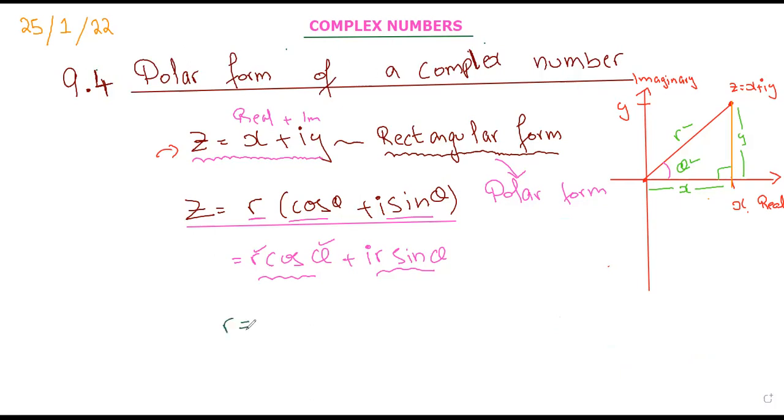R would be, use Pythagoras theorem. R is the hypotenuse. But you don't know the values of y and x, right? So I want you to tell me in terms of x and y.